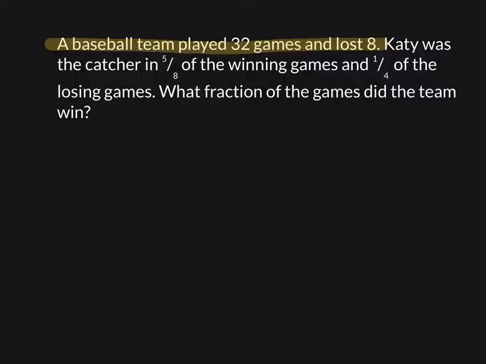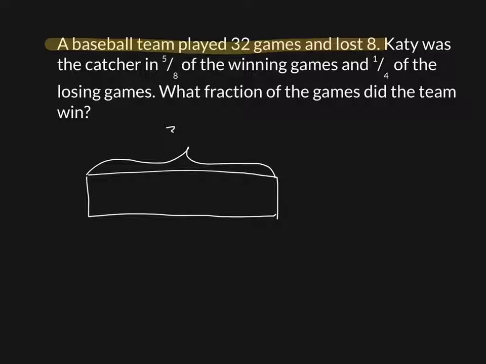So what I'm going to do is create a tape diagram, and I know the total number of games is 32, and I'm going to divide it into two parts. They played 32 games total, and they won some, they lost some.